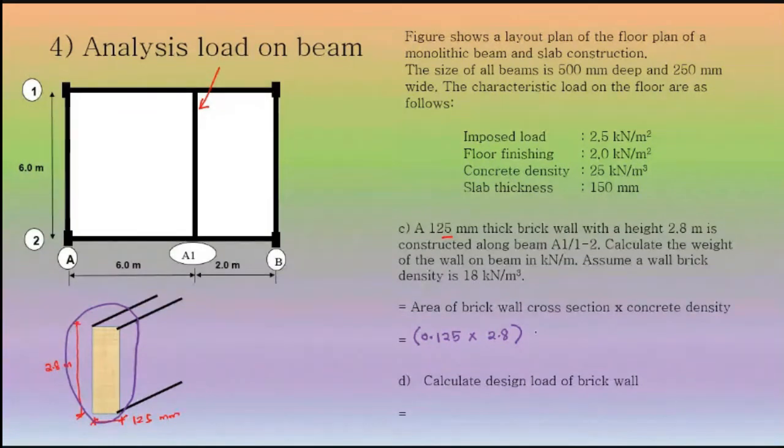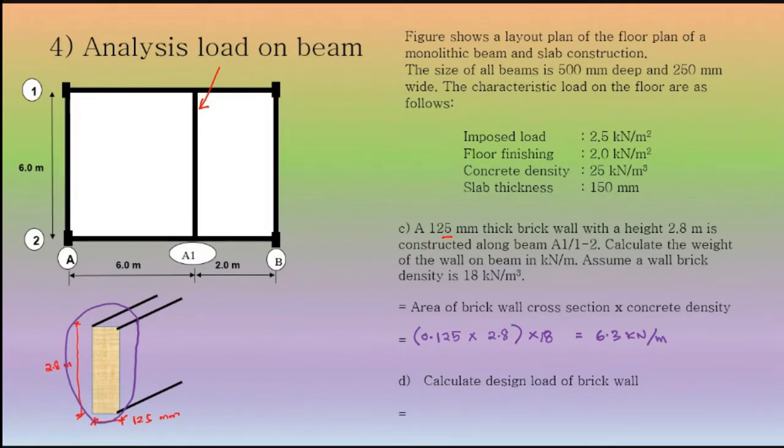Then we multiply by the brick wall density, 18. What do you get here? We get 6.3 kilonewton per meter. The unit is also per meter because the brick wall is small, its width is less than the depth.